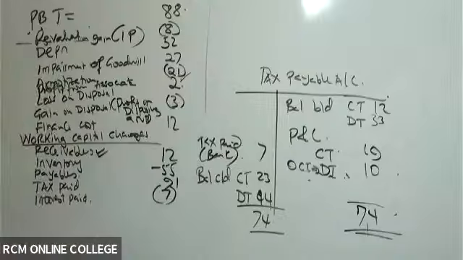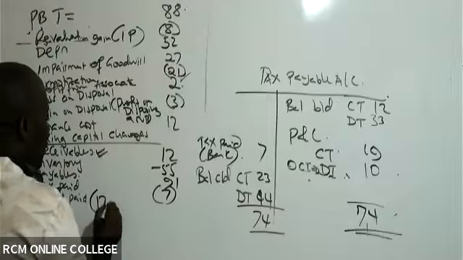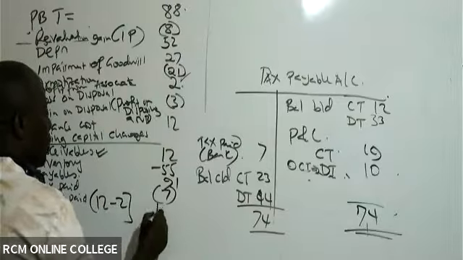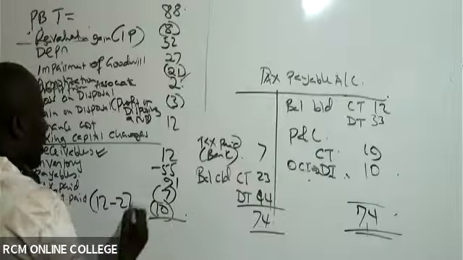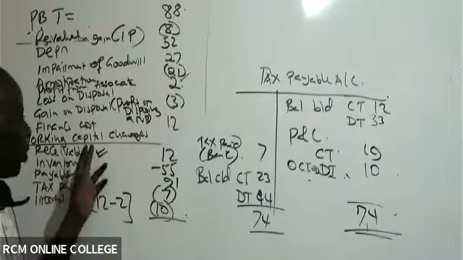For interest paid, we don't have an interest payable account in our current liabilities. So interest paid will be the 12, but remember there is also a misclassification of 2. Interest paid is the finance cost.